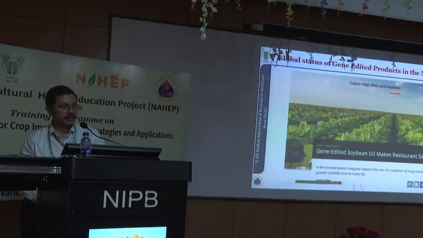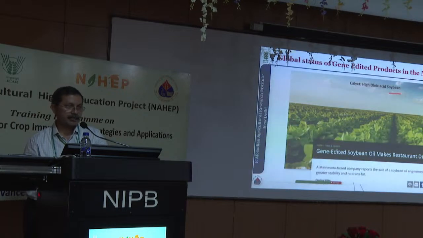This mutation was created by this TALEN approach, and it is a mutation in the FAD protein which makes this soybean produce a high amount of oleic acid instead of polyunsaturated fatty acids. So this will be very useful in high-temperature applications such as frying and other applications, because a high amount of polyunsaturated fatty acid causes storability and other issues.